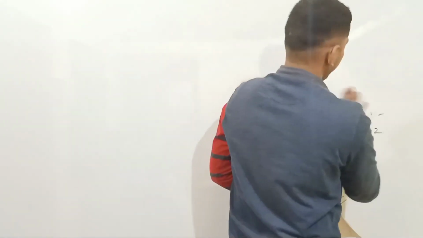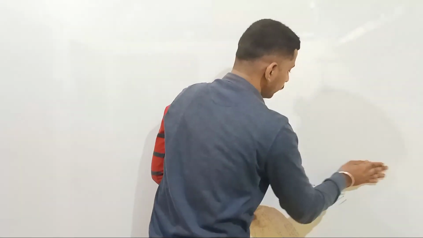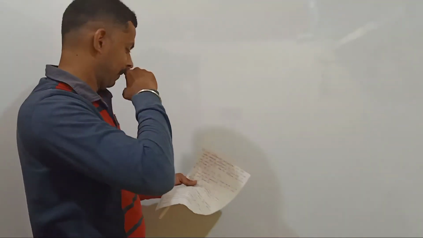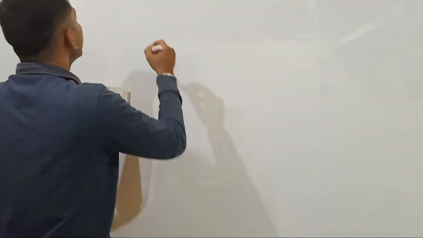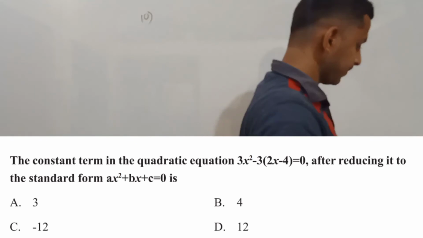It will be easy. And one more thing, I am going with very, very basics. If you need some more basics, please comment so that I can make one more video on that. Now let us go to the last question, that is the 10th question in today's session.